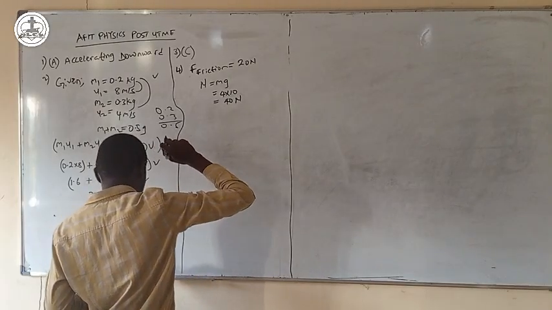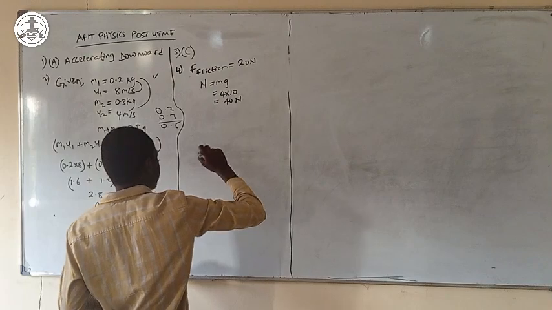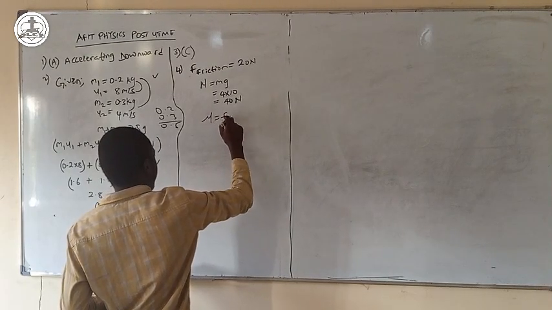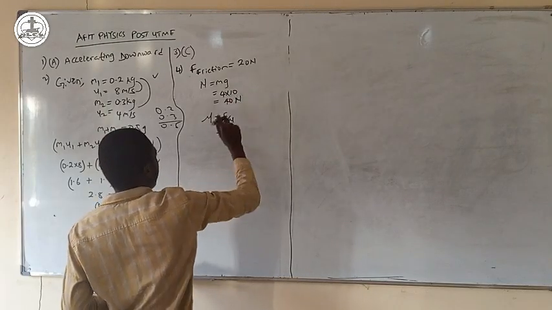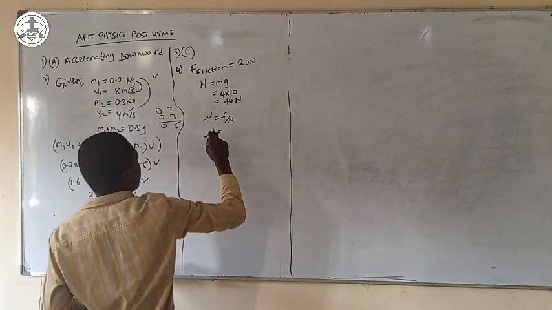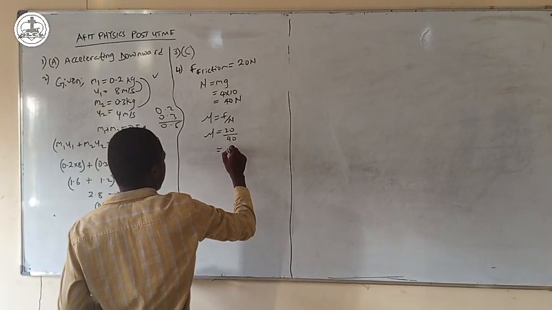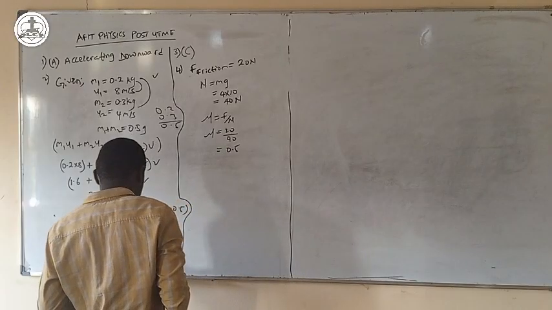So we are going to define the limiting coefficient of friction mu by mu is equal to F over N. We have our F, we have our N, so our mu coefficient is going to be 20 over 40, which is equal to 0.5. So we have gotten our friction coefficient.